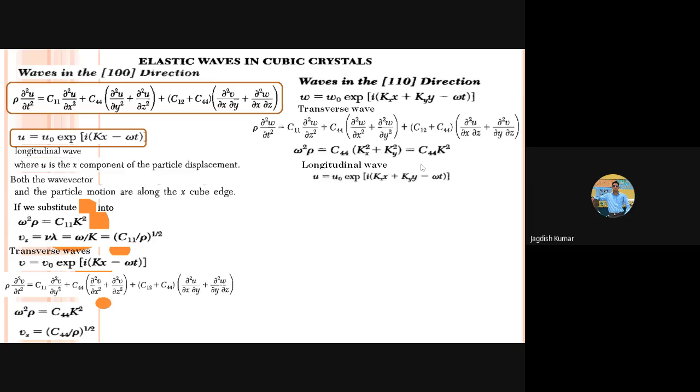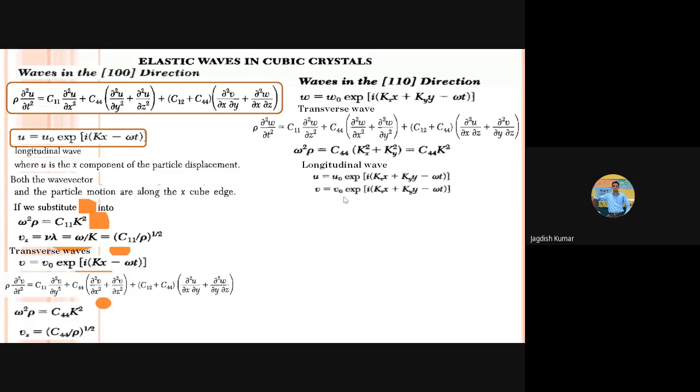So this is going to be the wave function representing the longitudinal wave, isn't it? Because this is not one thing, you have to have two components, the U component and the V component, and U is equal to V. That will represent the waves propagating along the 110 direction.